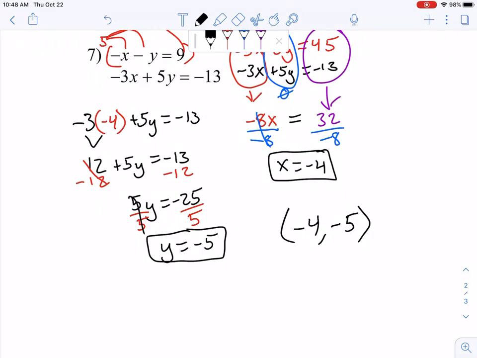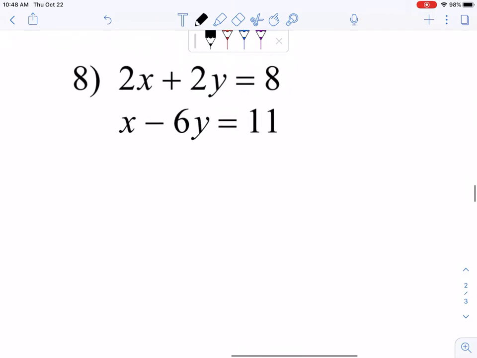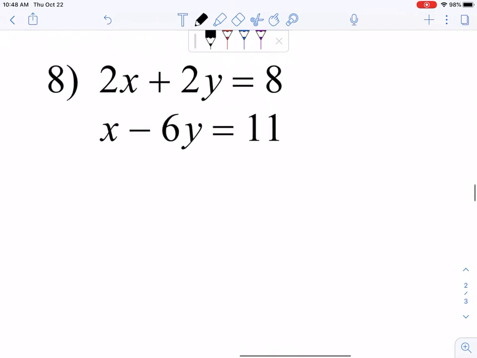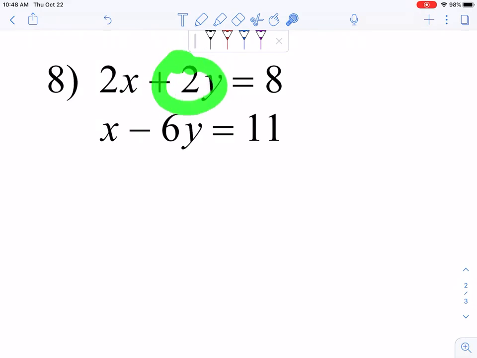All right, and then our last problem. So for this one, I can either scale this x to be a negative 2. If I multiply negative 2 down here to the bottom, that will cancel out with that positive 2x. I can also scale this to y. I could multiply it by 3 to make it positive 6y, which would cancel out with negative 6y.